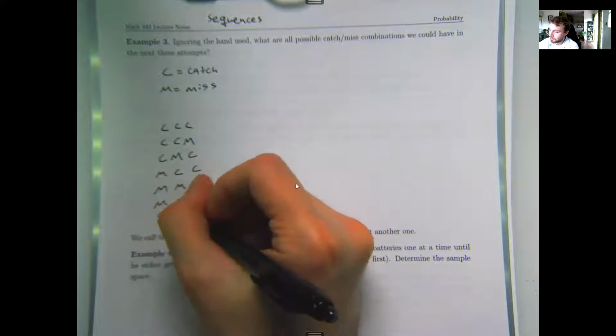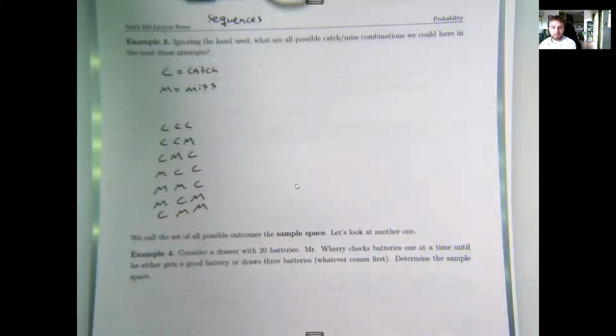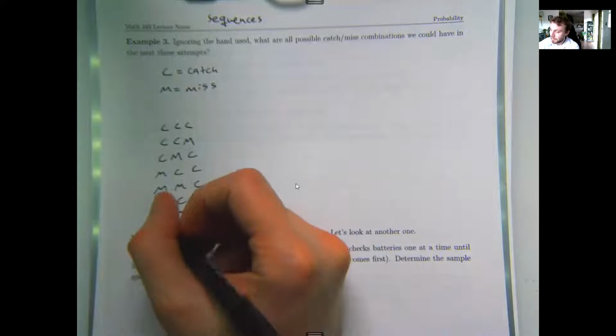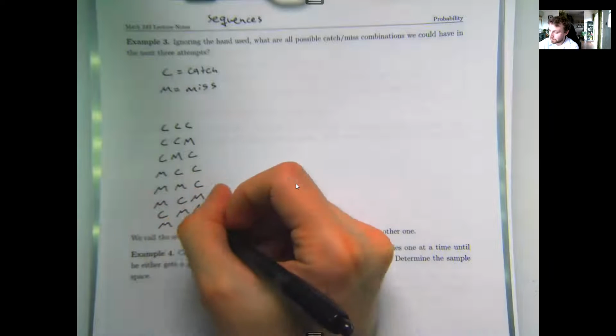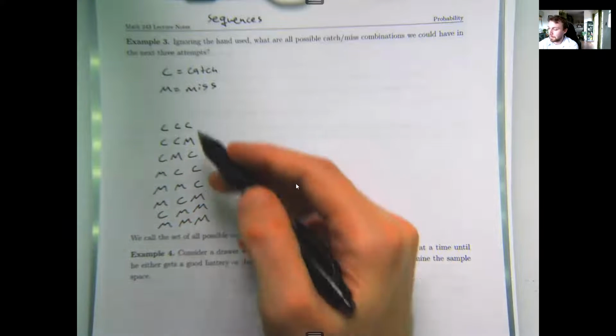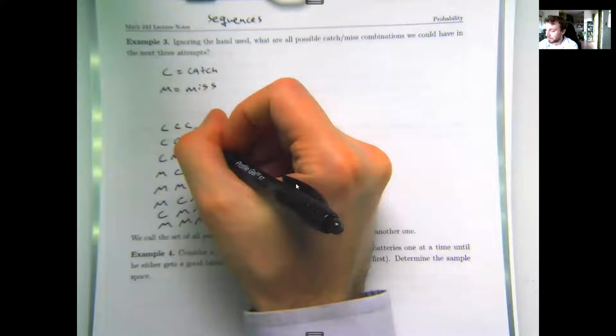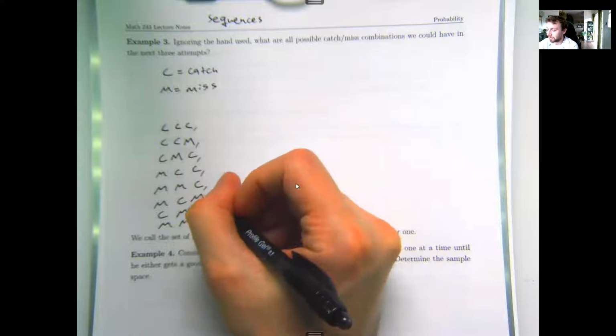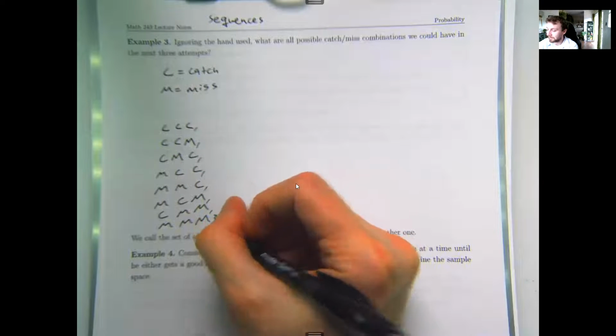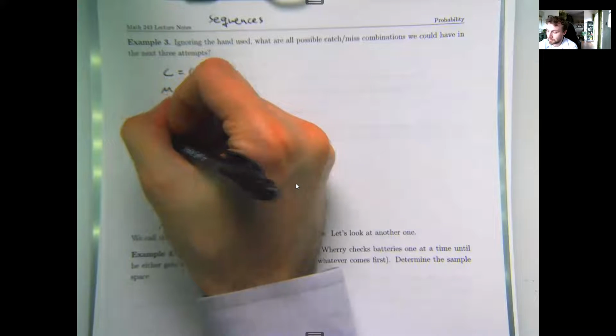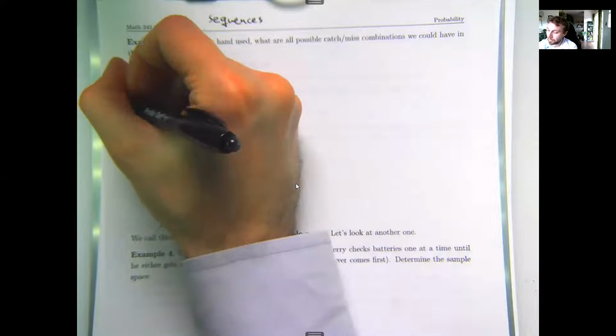A catch and then 2 misses. Or I could have 3 misses in a row. The set of all possible outcomes, these sequences here, is called the sample space. So this is everything that could happen.